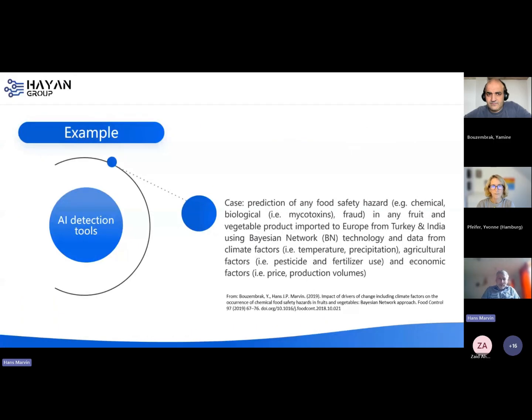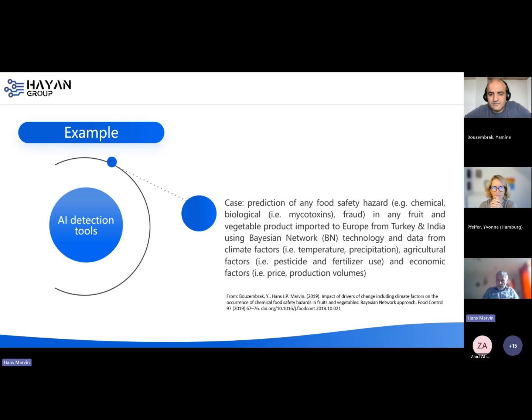There are many different types of studies now published using Bayesian network, and I would like to demonstrate what can be done. I have one example from a publication of Busenbrock and myself in 2019, where we developed a prediction model on food safety hazards, any food safety hazard, chemical or biological, but also even fraud, that appears on any fruit and vegetable product imported to Europe from Turkey and India.